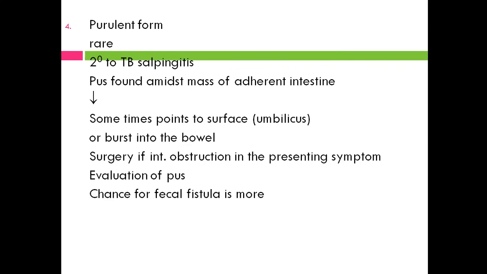Surgery is required if the presenting symptom is intestinal obstruction. We evacuate the pus, but there is always a chance for fecal fistula. So these are the different forms of tuberculous peritonitis.